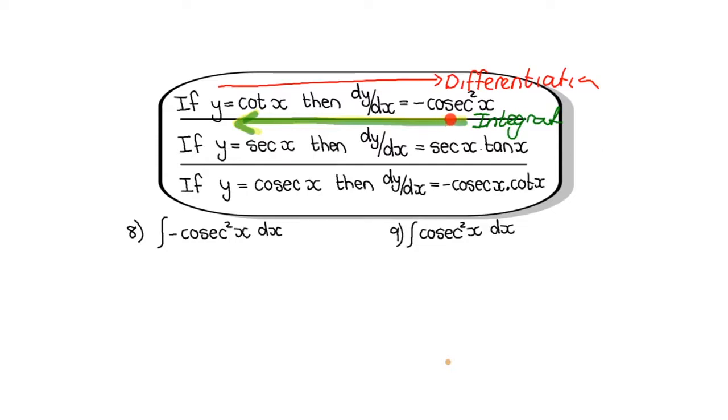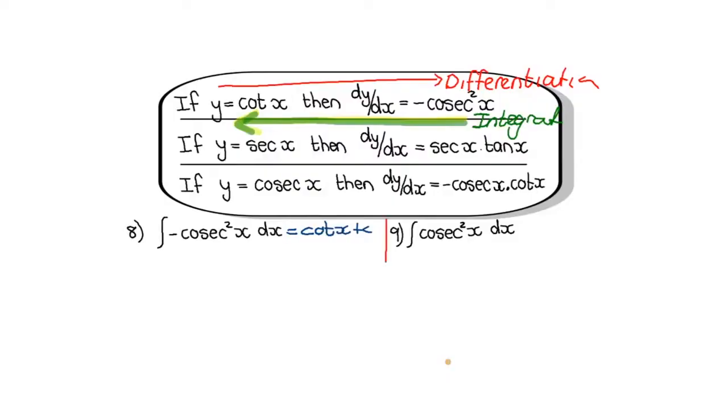In other words, if I use it backwards, if the answer of differentiation is negative cosec squared x, I started off with cot x. In other words, the integral of negative cosec squared x will be cot x plus a constant.